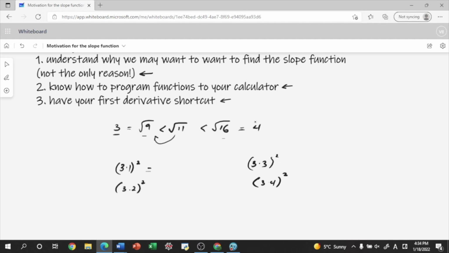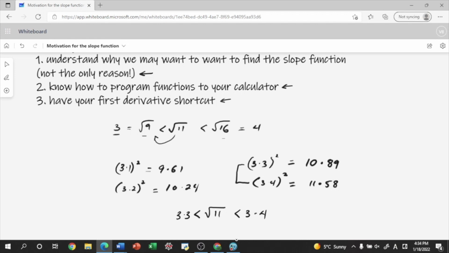Very quickly, 3.1 squared is 9.61, not such a great approximation. 3.2 squared is 10.24, which is better but still not great. 3.3 squared is 10.89, and 3.4 squared is 11.58. So we don't have a great approximation for the square root of 11, but we do know that it exists between these two values, and we can write down that the square root of 11 is somewhere between 3.3 and 3.4. And in a lot of cases, this is going to be good enough.